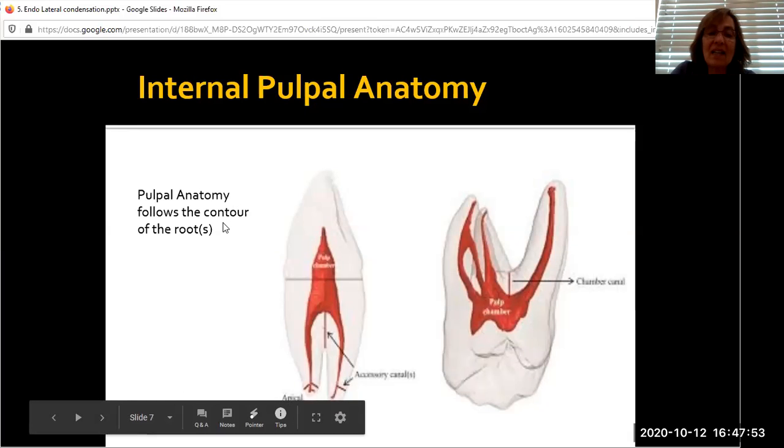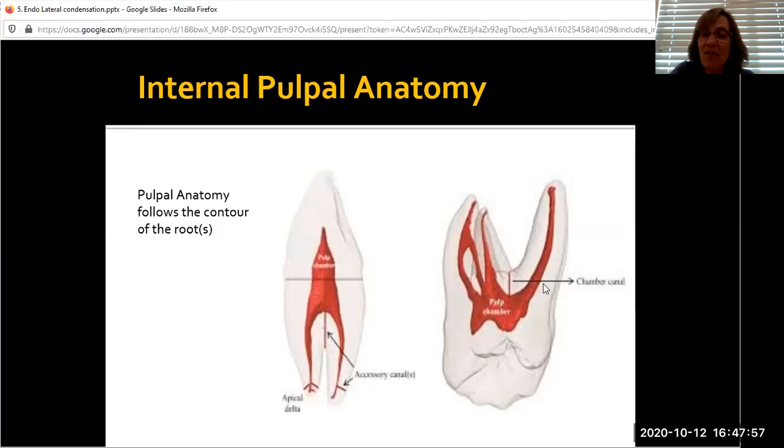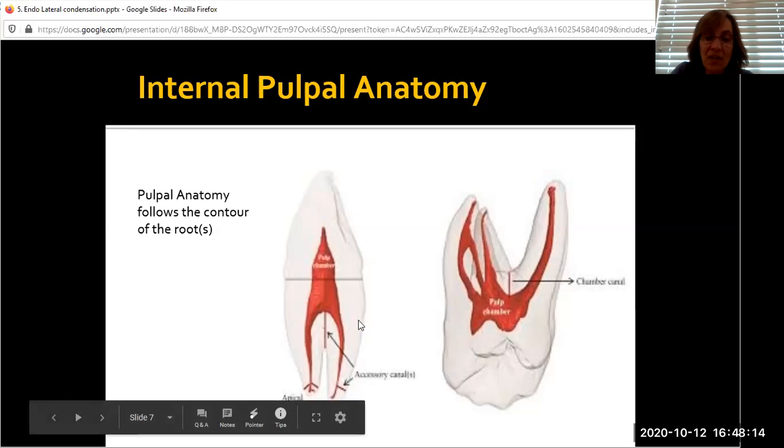The pulpal anatomy follows the contour of the tooth. If you have a very broad, wide, massive root, the pulp is going to be reciprocal to that shape. You may have a very thin narrowing.